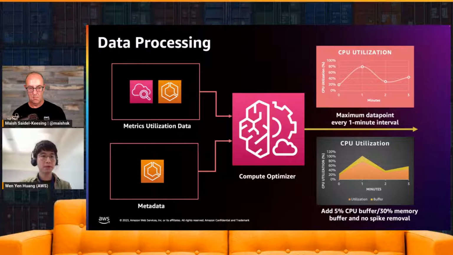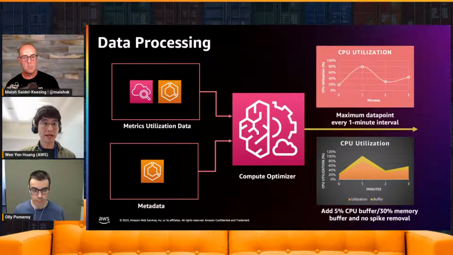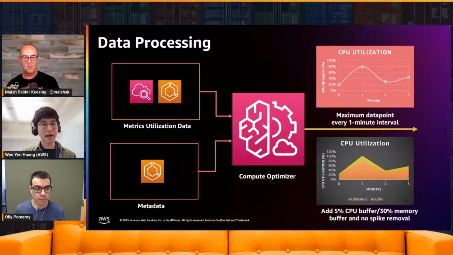The minimum requirement for a recommendation to be generated is 24 hours of utilization data. If it's too short, we cannot tell you to right size to a certain CPU and memory, because you might only have 1 hour and it's all on the peak, so you would have to upgrade your sizes. That doesn't make sense. We want to observe enough patterns so we can make an educated recommendation.